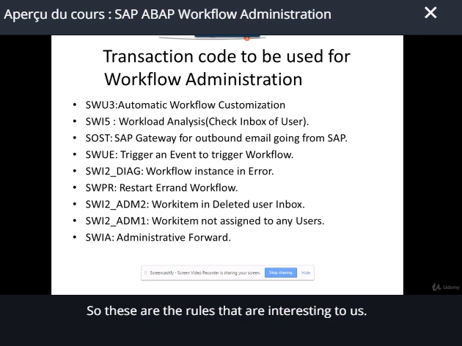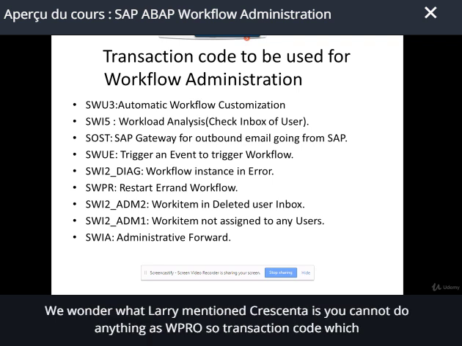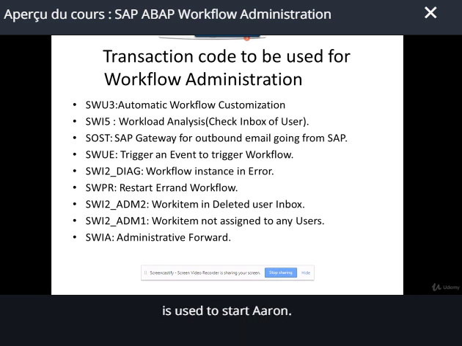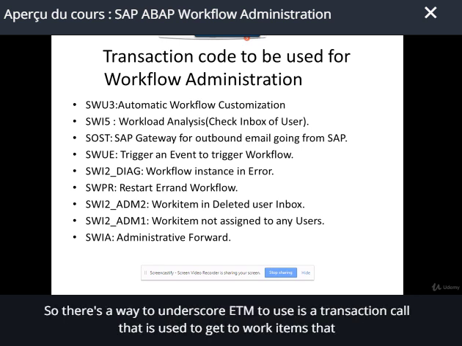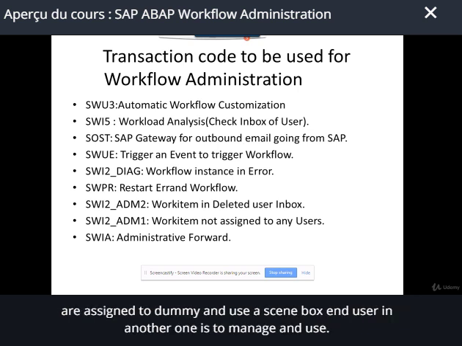Now the next one is SWI2_DIAG. These are the workflows that are in error status. When the workflow remains in error status, you cannot do anything. SWPR is a transaction code which is used to restart errant workflows. SWI2_ADM2 is a transaction code that is used to get the work items that are assigned to a deleted user's inbox.